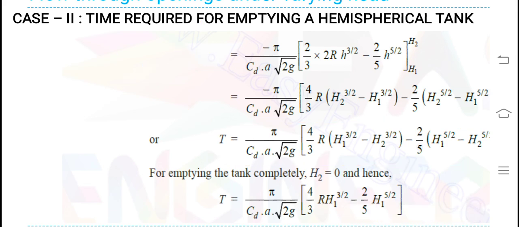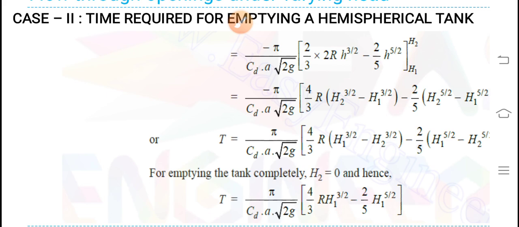Suppose, as we assumed in the first case when the area was constant, in order to completely empty the tank, here we shall assume that initially the tank is full, H is the initial head above the orifice. Now it is to be completely emptied, which means H2 is equal to 0 and H1 will become R.